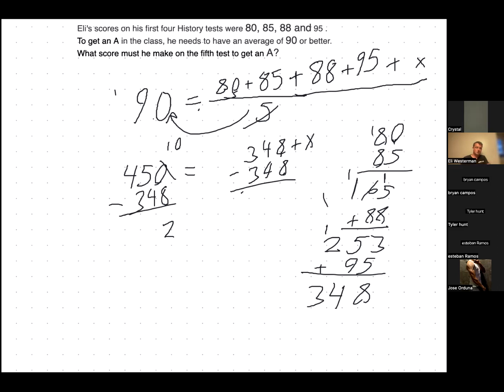So 2, 5, then this becomes a 4. 4 minus 4 is 0. Then 4 minus 3 is 1. So I need to score a 102 on this test to average a 90 in the class. That's going to be really hard to do.